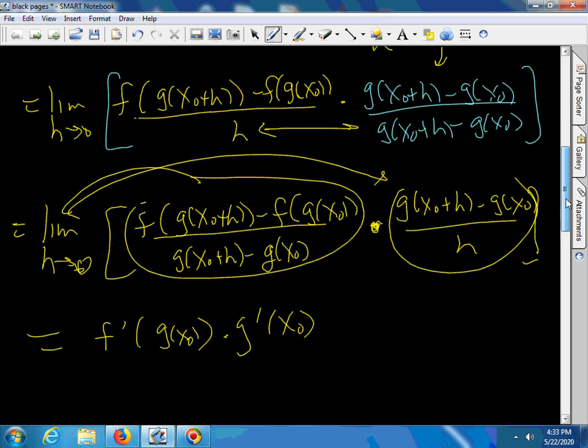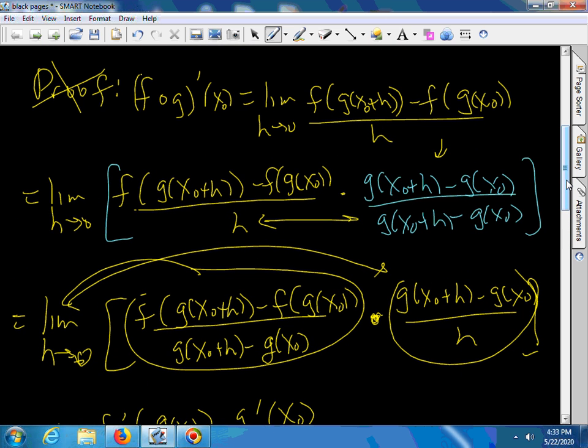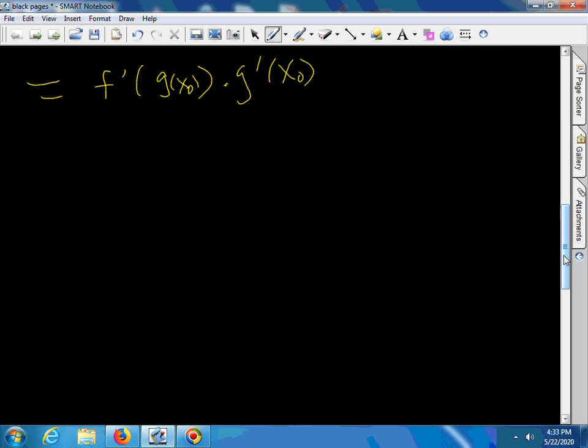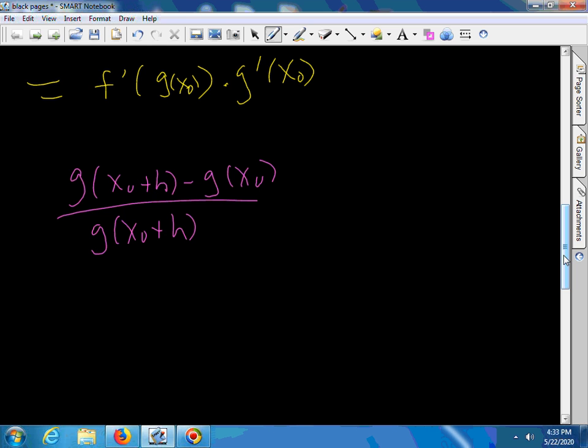But what I have in blue here doesn't have to equal 1. Okay? g of x0 plus h minus g of x0 divided by g of x0 plus h minus g of x0, well, in case the numerator is 0 and the bottom is 0, it's not 1.